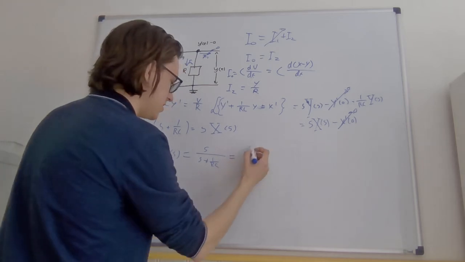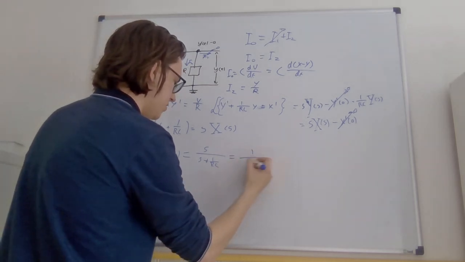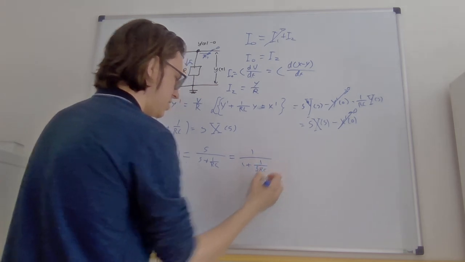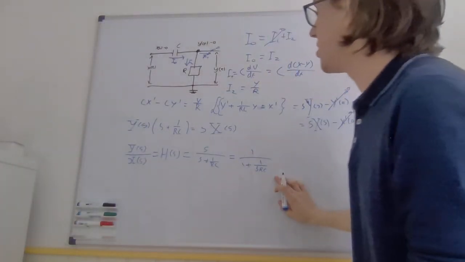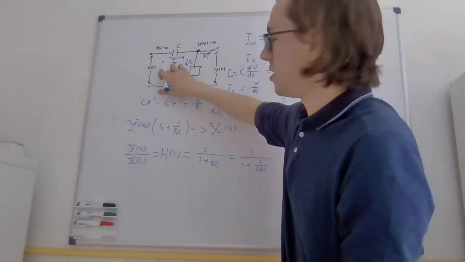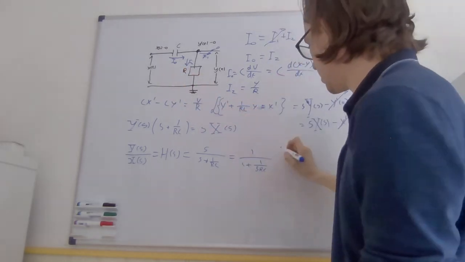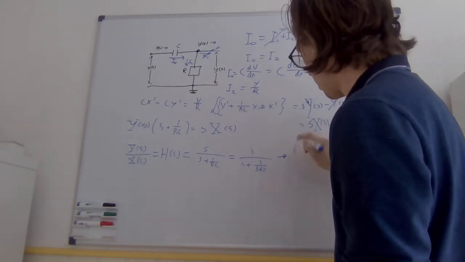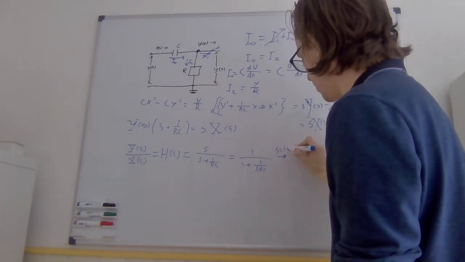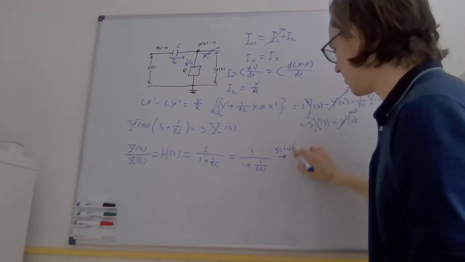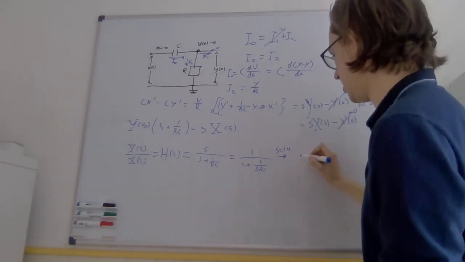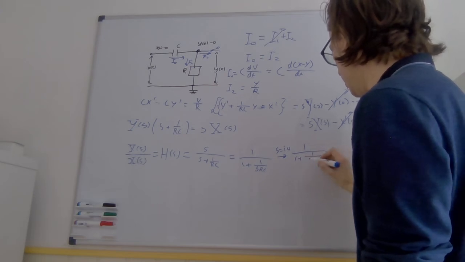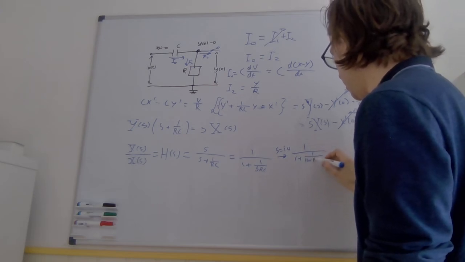This can be rewritten as 1 over 1 plus 1 over s RC. We are assuming that x is a pure sine wave, so we can say that s equals i times omega, where omega is the frequency of x, and then we get the expression 1 over 1 plus 1 over omega i RC.